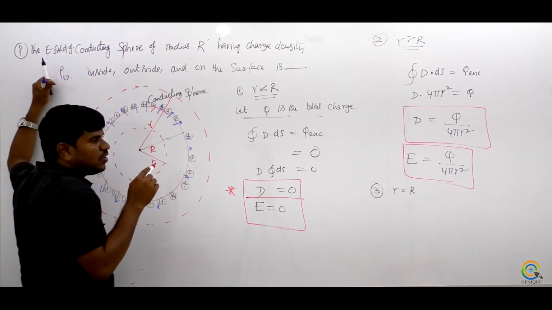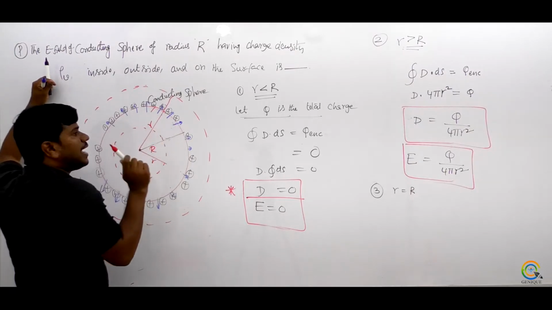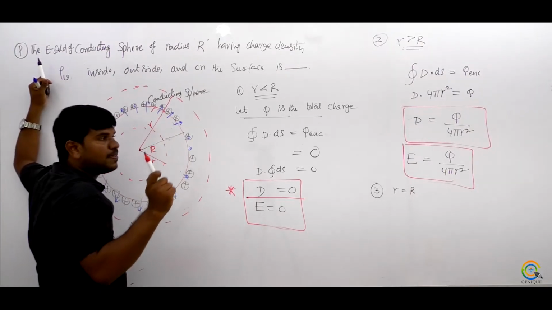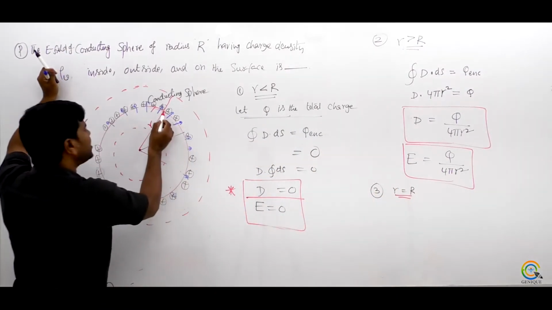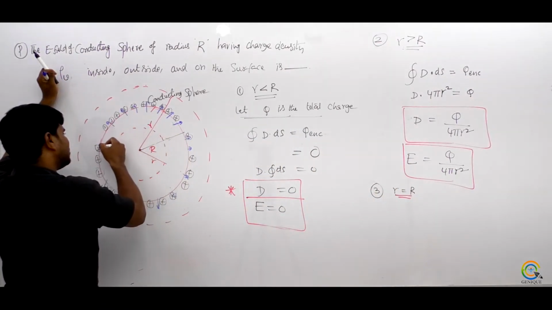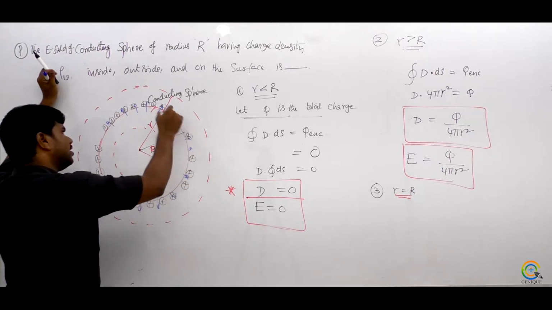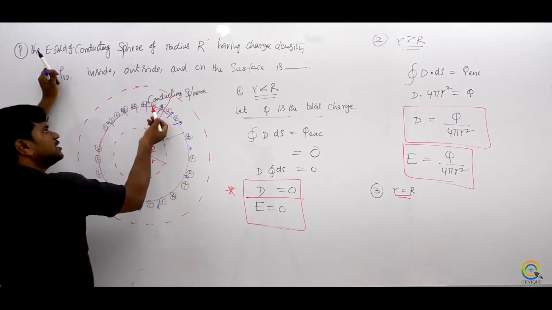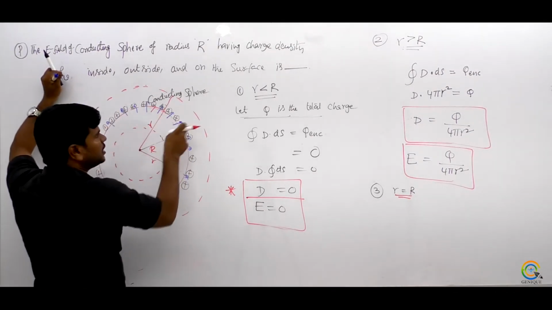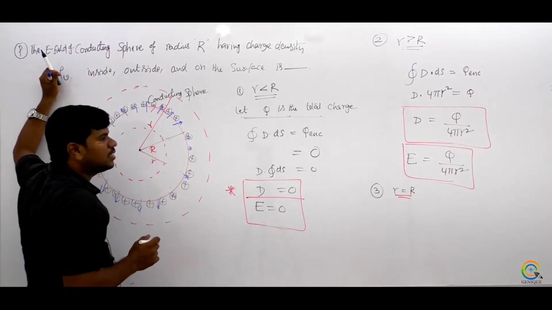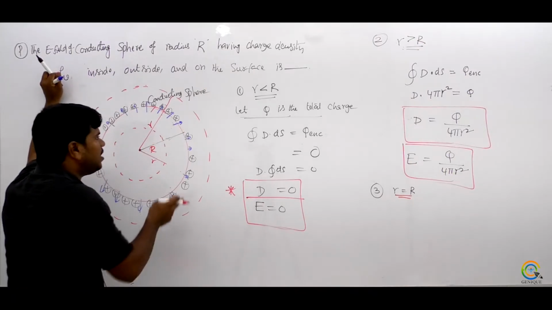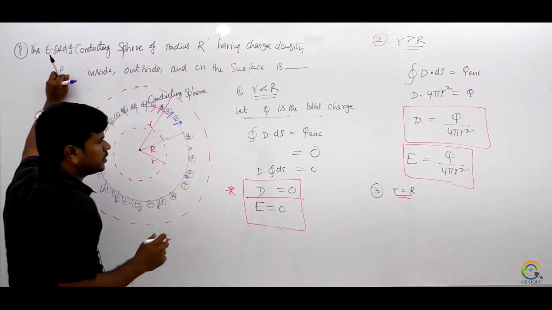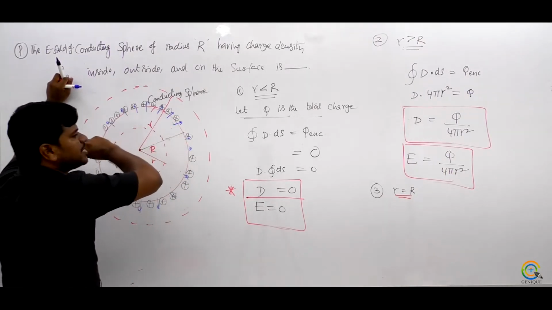I have to calculate the electric field intensity on the surface. So on the surface, I consider one Gaussian surface. On the surface, I can include the charges. So what is the charge now? On the surface, the charge is present.